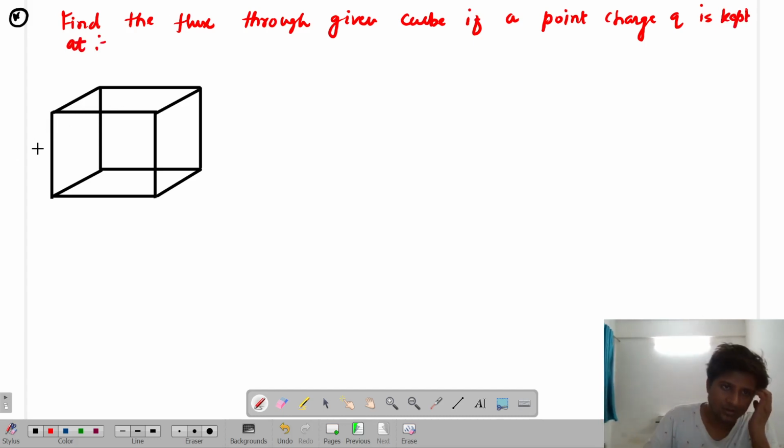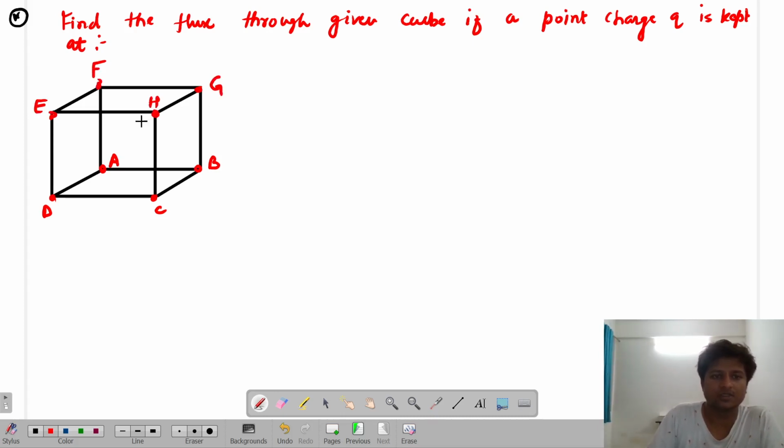First, I'm marking these points. This is A, B, C, D, E, F, G, and H. So the first case is where the charge is kept at the center of the cube.